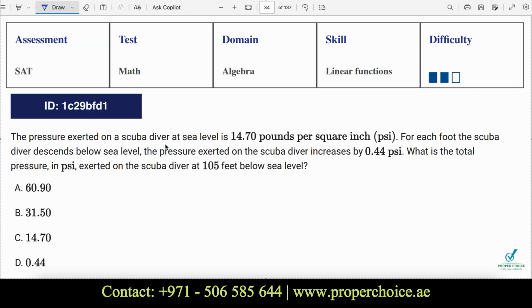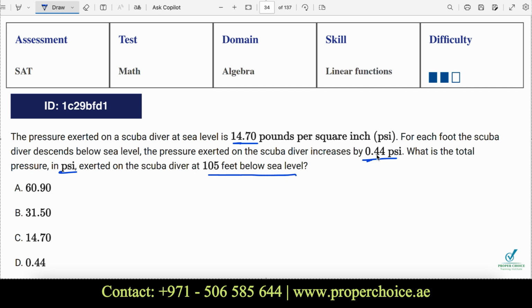The pressure exerted on a scuba diver at sea level is 14.70 psi. For each foot the scuba diver descends below sea level, the pressure exerted on the scuba diver increases by 0.44. What is the total pressure in psi exerted on the scuba diver at 105 feet below sea level?